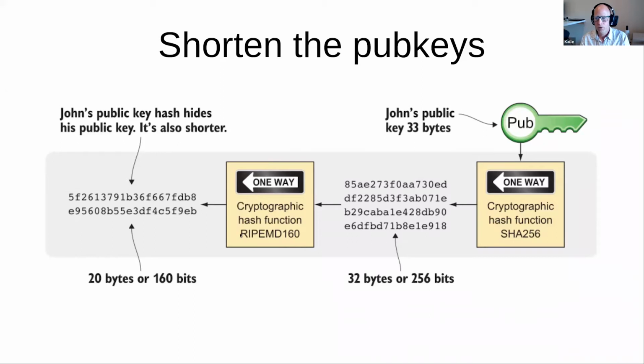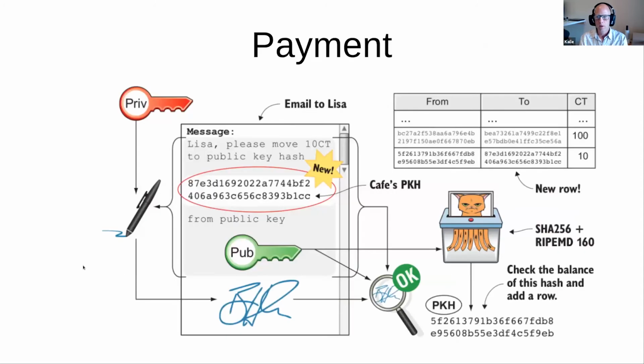So in this process, we shorten the public keys from 33 bytes down to 20 bytes, which is a pretty good win, which means that the spreadsheets can be a bit smaller, and don't take as much space. And to do that, we need to adjust the payment process a little bit.